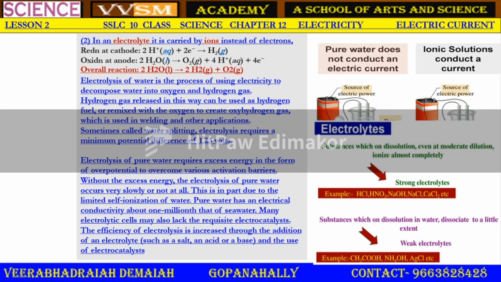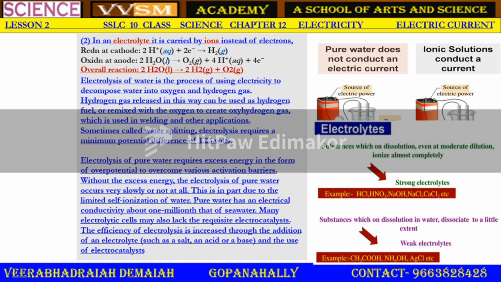Therefore, substances which on dissolution, even at moderate dilution, ionize almost completely are electrolytes: the strong electrolytes and the weak electrolytes. You know, what is an electrolyte? An electrolyte is a substance which allows electric current in the molten state or in solution state. So electrolytes are classified into two, that is strong electrolyte and weak electrolyte.